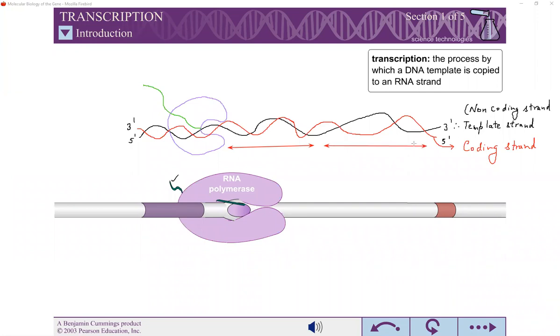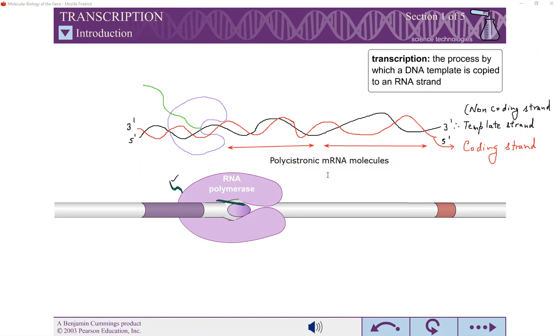Such an arrangement of genes, from which the mRNA would be produced, is referred to as a polycistronic mRNA molecule. This is the polycistronic mRNA molecule that is going to be produced.